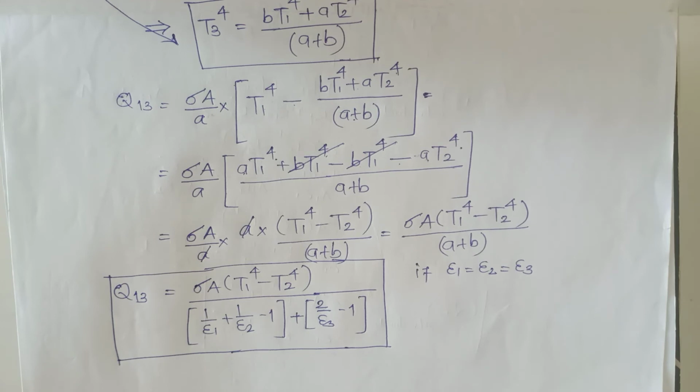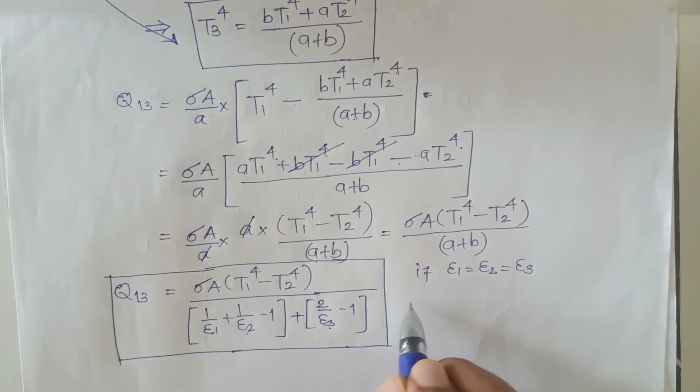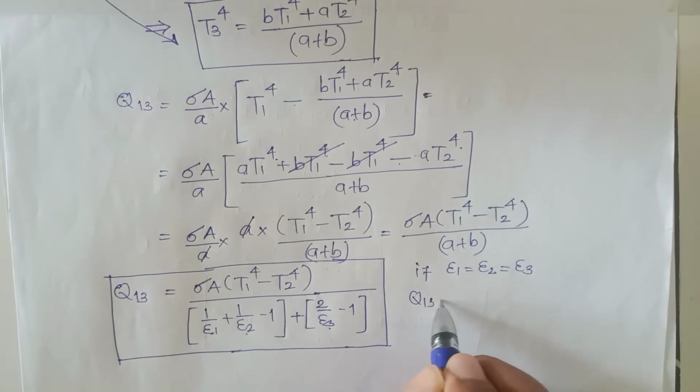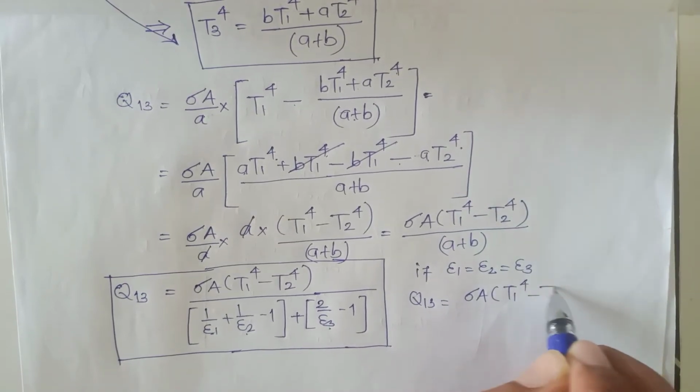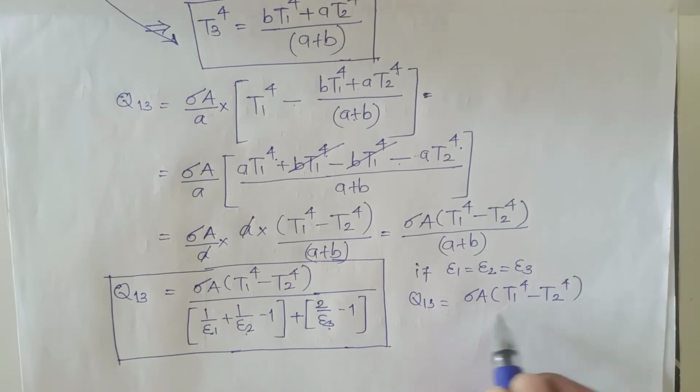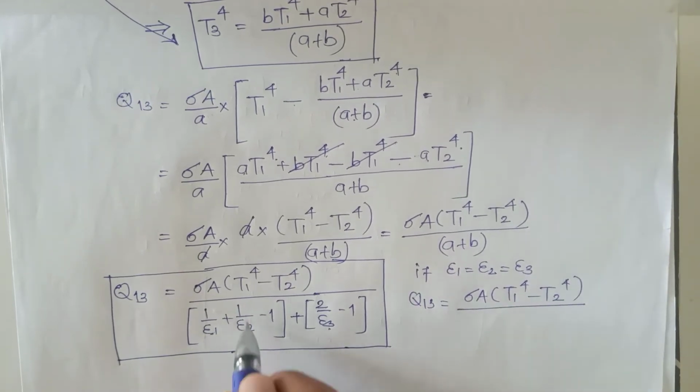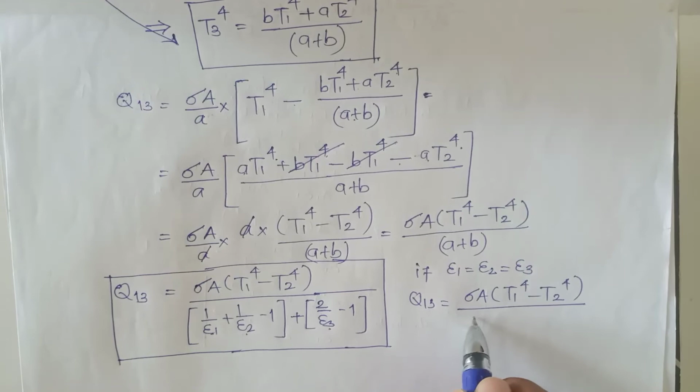Then in this instance, this will be 1 upon epsilon, 1 upon epsilon and 2 upon epsilon. So actually Q13 will be equal to sigma A into T1 raised to 4 minus T2 raised to 4 divided by 1 upon epsilon plus 1 upon epsilon plus 2 upon epsilon minus 1.